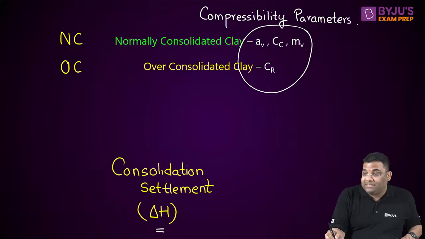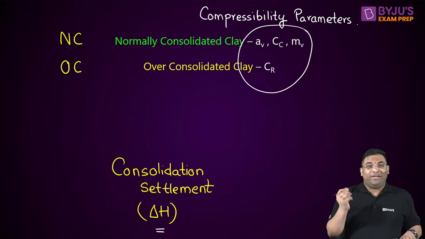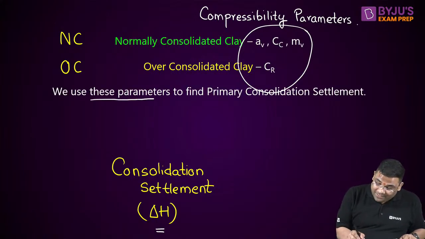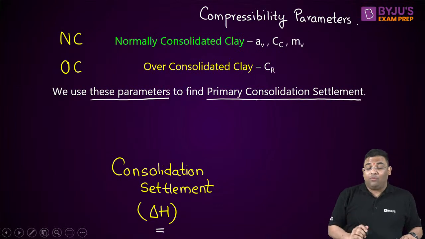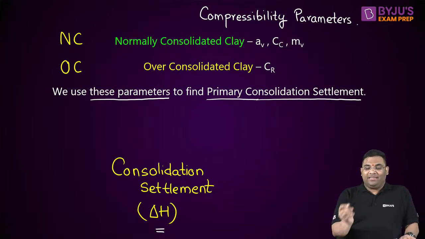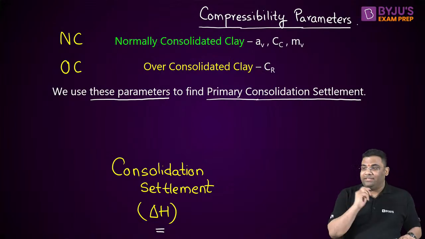Because these compressibility parameters will help us to find out consolidation settlement. We use these parameters to find out primary consolidation settlement. So you cannot find out primary consolidation settlement without understanding these parameters. Now everybody is clear why we study all these terms.